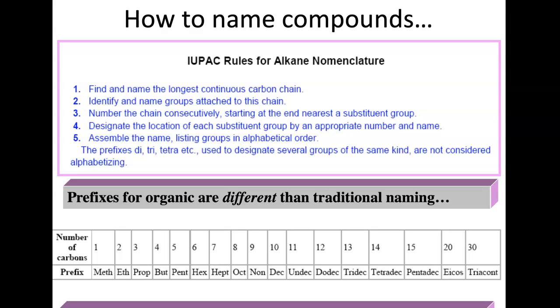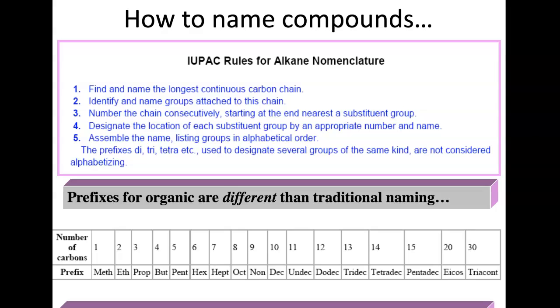And so here are the naming rules. Again, look for the longest chain. Look for anything attached to that chain other than a hydrogen. Number each carbon in the chain, starting from one end or the other, and we'll practice that. And then look for any side groups and then assemble the name.